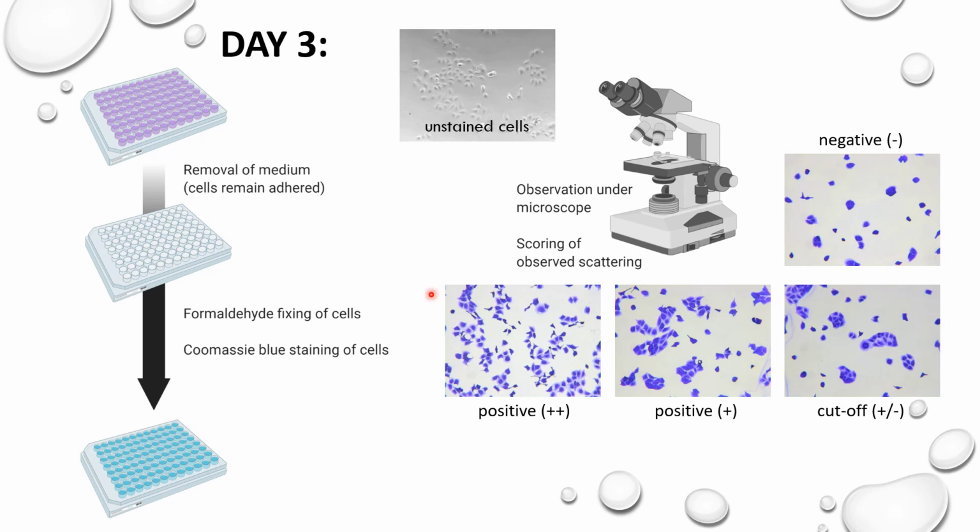and people have different opinions about this. In other words, if you give the plate to someone else, he or she will have a look at it and might place the cutoff point, a plus minus, in a different well and at a different concentration.